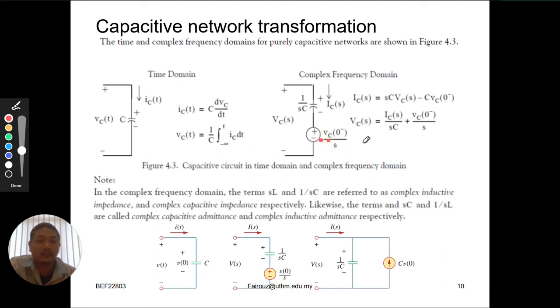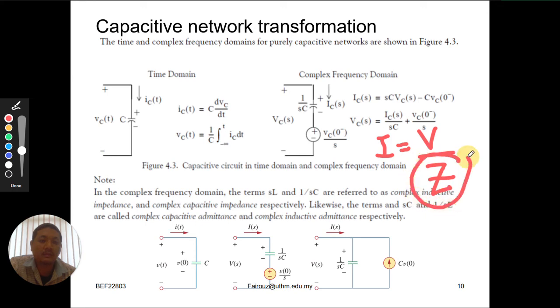Vc over S. So if there is no initial condition, then you can just simply consider this as zero, short circuit, right? So IC, you can simply calculate it as SC times VC.